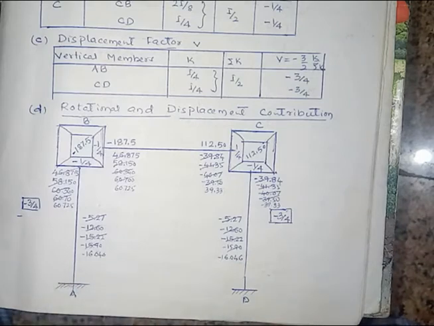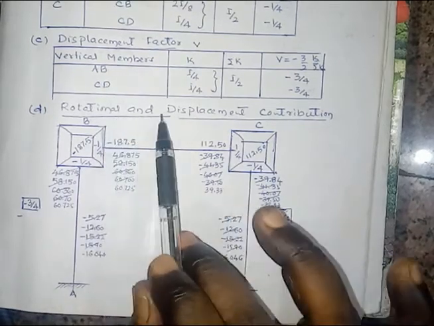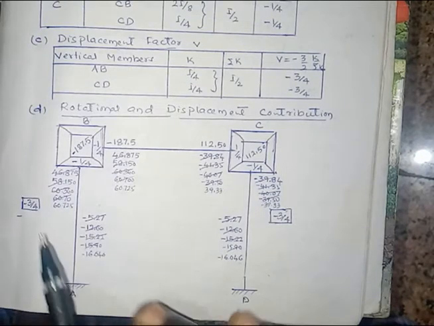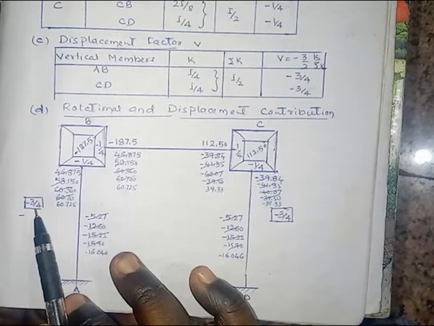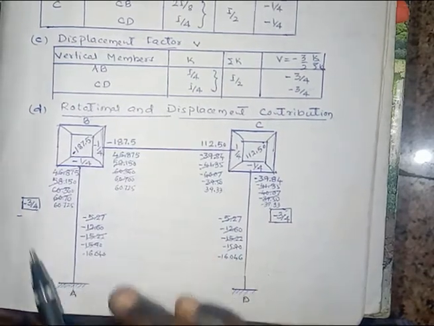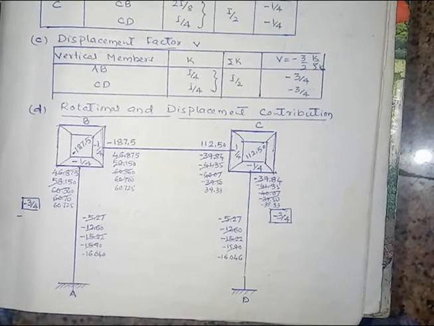You have to consider both the rotational contribution as well as the displacement contribution. Here I have written the displacement factor for vertical member AB, that is minus 3 by 4. Here also minus 3 by 4.